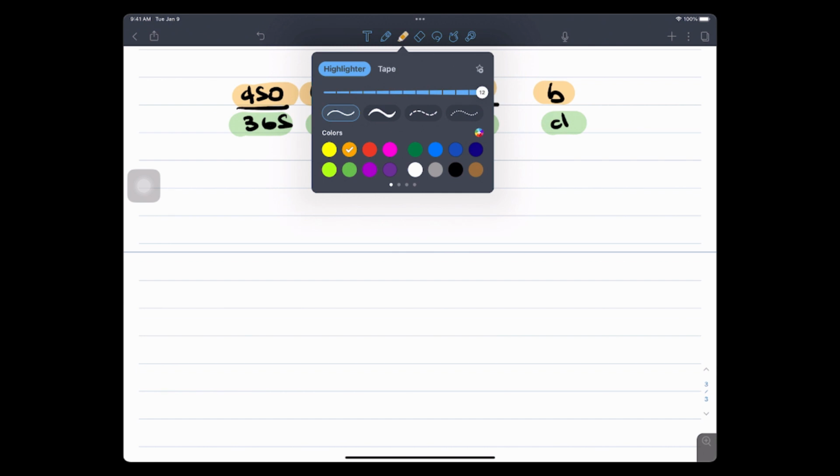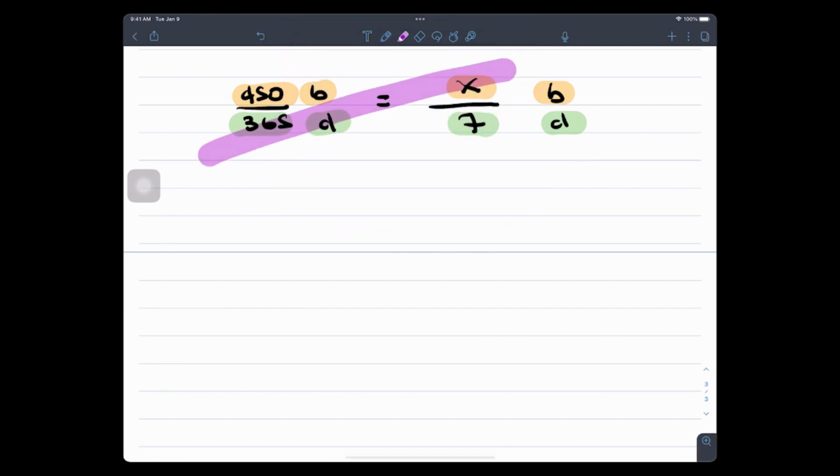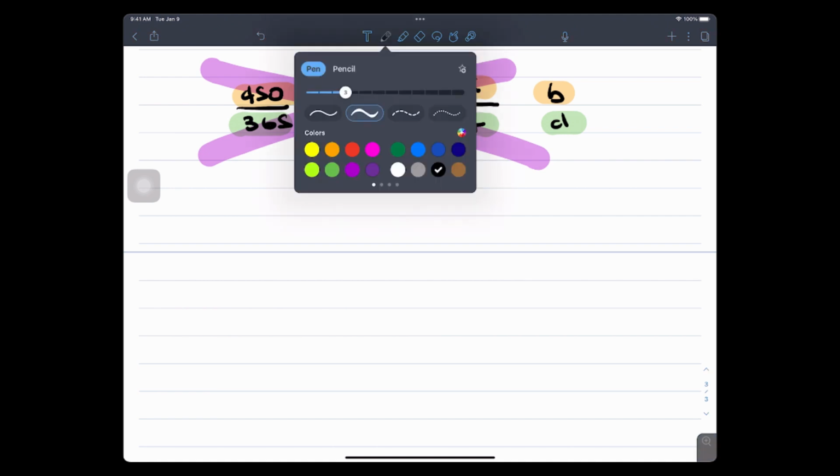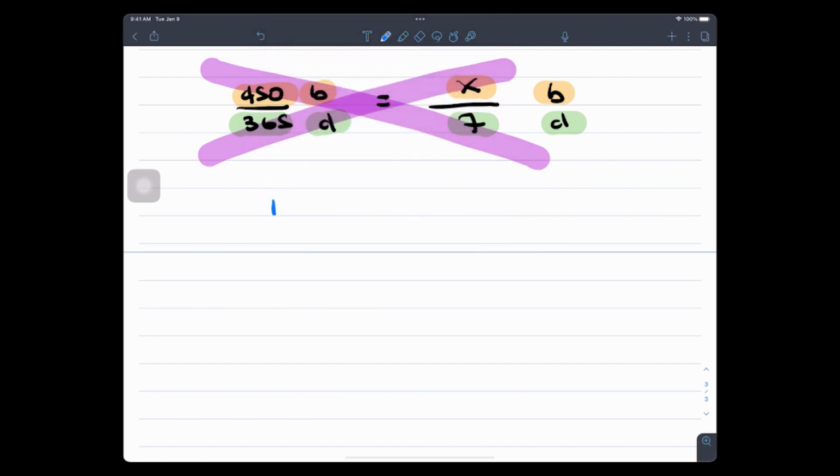What do you guys do now? Cross multiply. What happens when you cross multiply? What do you get? 450 times 7 is going to be 365 times x. And then what do you guys do? Divide both sides by 365. What happens on the right? Cancels.